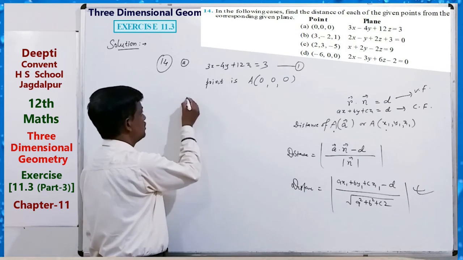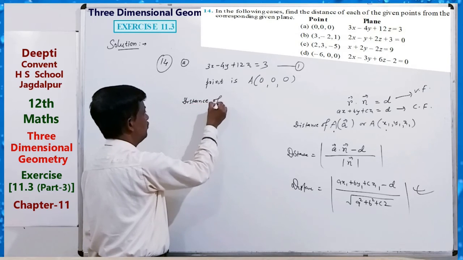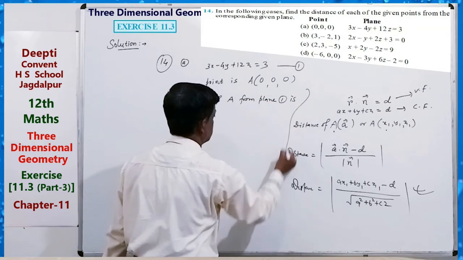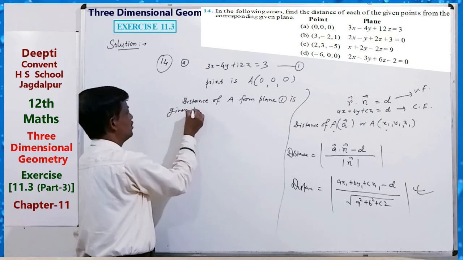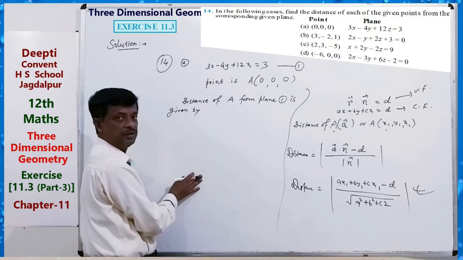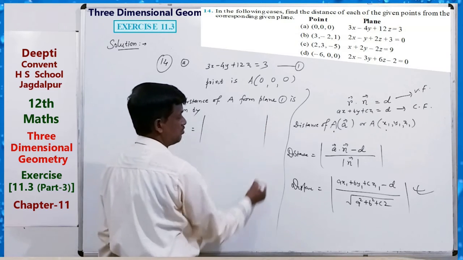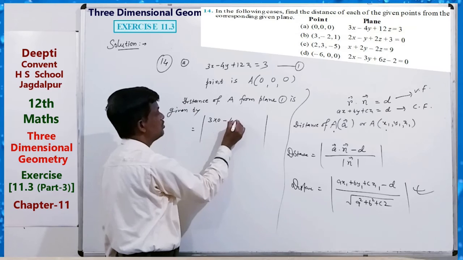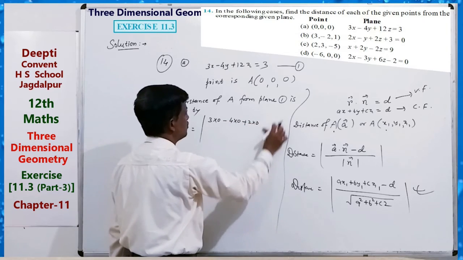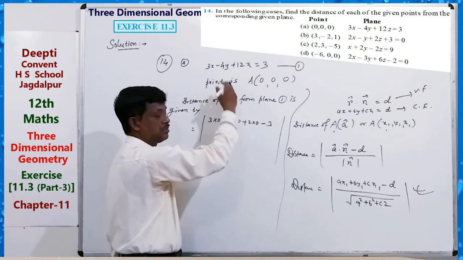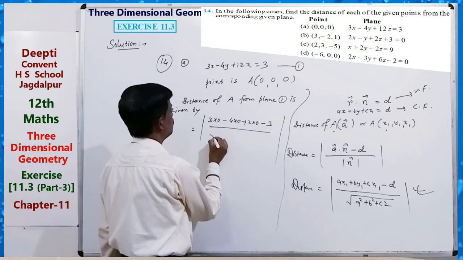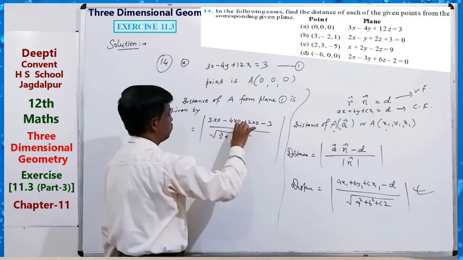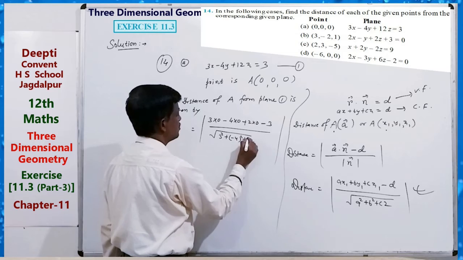So the distance of A from plane 1 is given by this formula: modulus of 3 into 0 minus 4 into 0 plus 12 into 0 minus 3, just transferring d to the left hand side, upon root over 3 square plus minus 4 square plus 12 square.